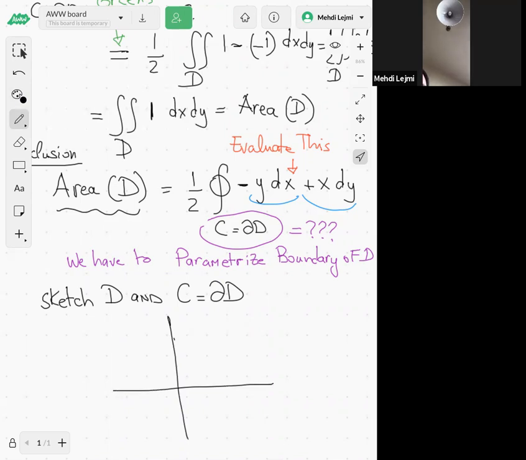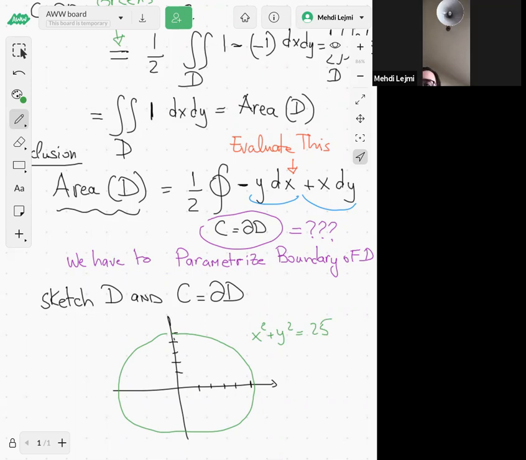So first we have the circle x squared plus y squared equals 25. So we have this circle here. And then we have the ellipse x squared over 9 plus y squared over 4 equals 1.